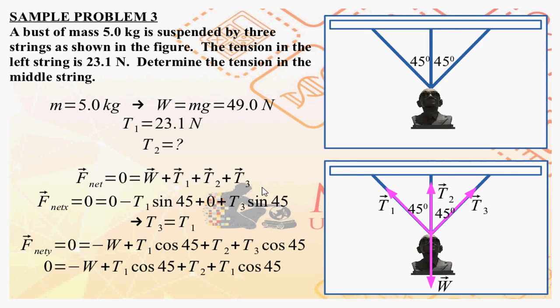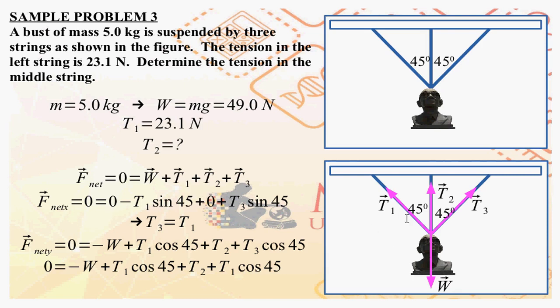Using now our component method to analyze the free body diagram, the forces, X component of F net, you have F net X. X component of 0 is 0. X component of the weight, vertical, no X component.